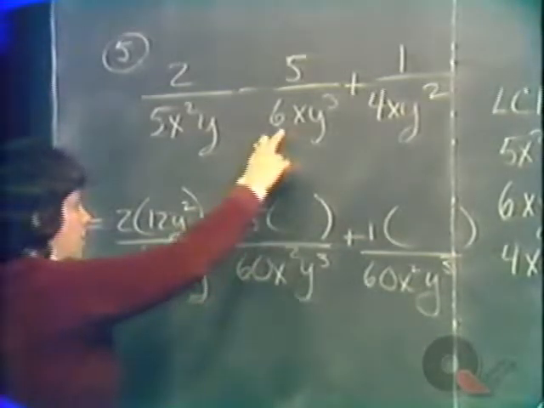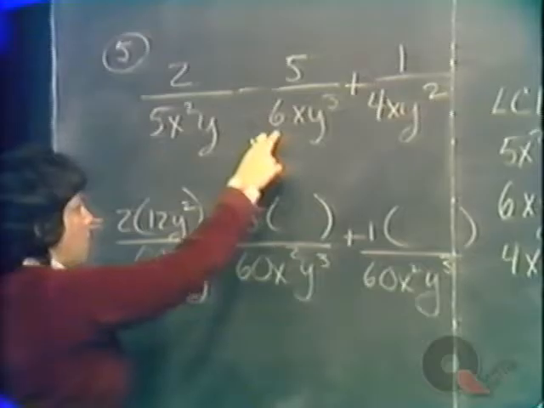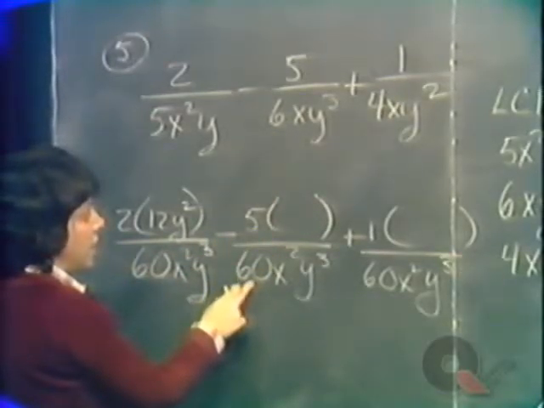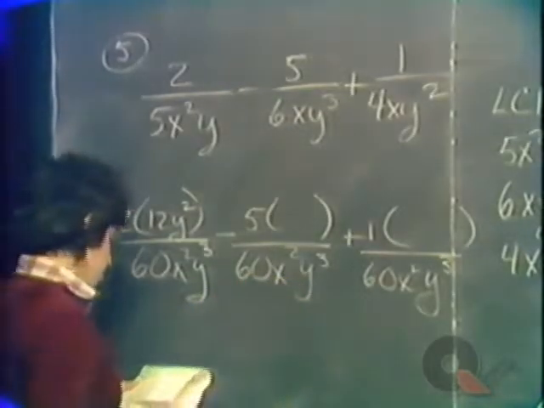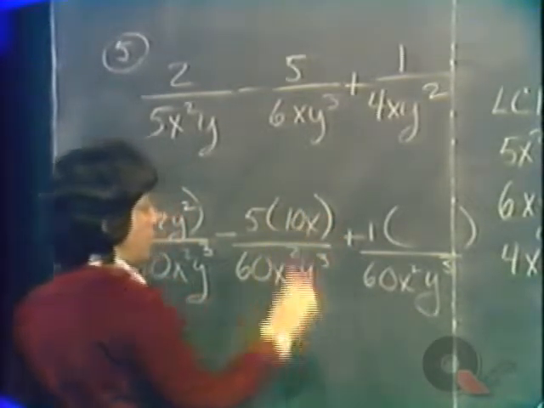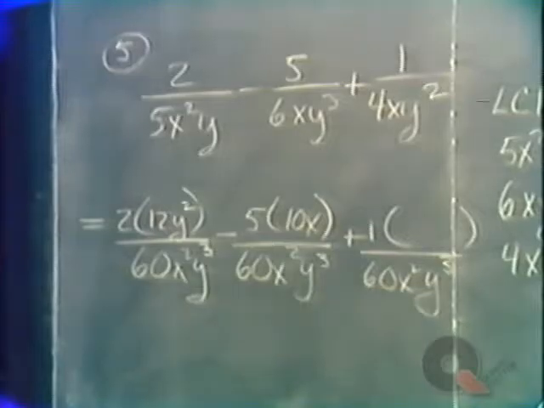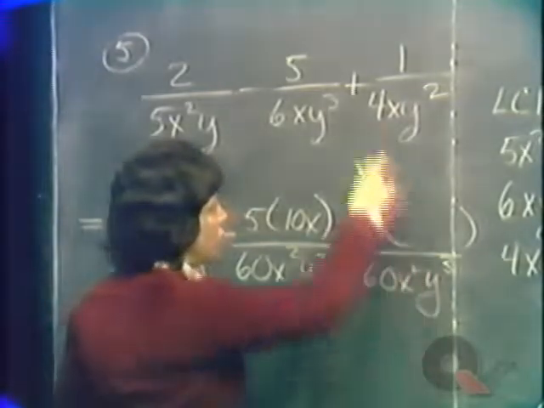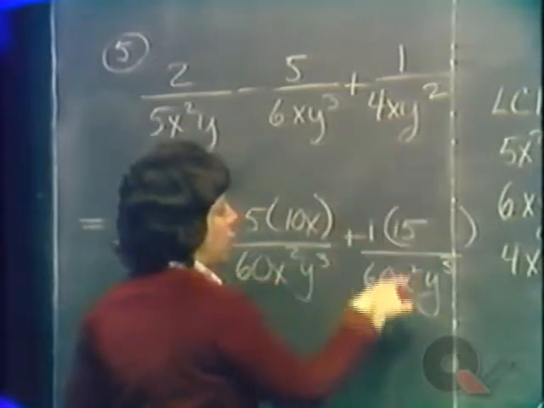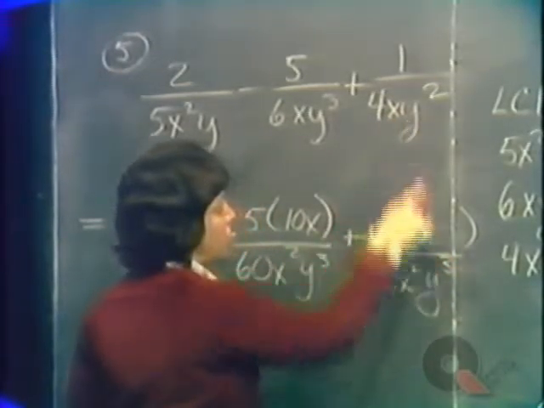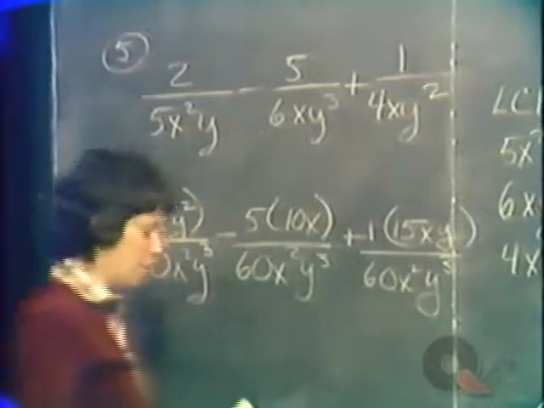Now let's look from here to here. To go from this denominator to this one, we'd have to multiply by 10 to get to 60. X, just 10x. So we multiply the numerator by that. And then finally, to go from 4 to 60, we'd have to multiply by 15. To go from x to x squared, we multiply by x, and y squared to y cubed, we have to multiply by y.